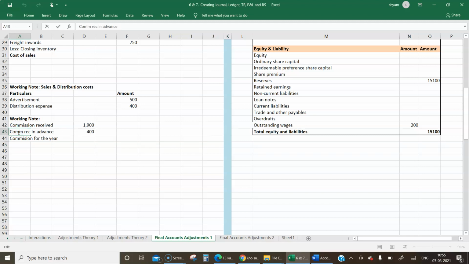Normally if you receive any commission before, that should not be considered. Only the commission which is income that we earn for this year should be taken into account. Okay, so this number would go to the SOFP, and this number would go to the SOPL.